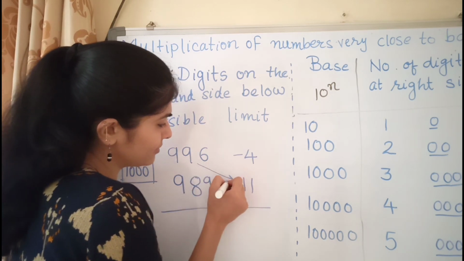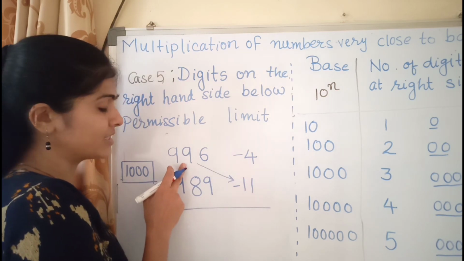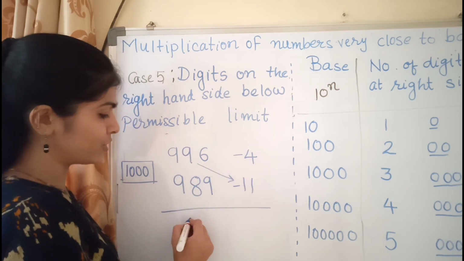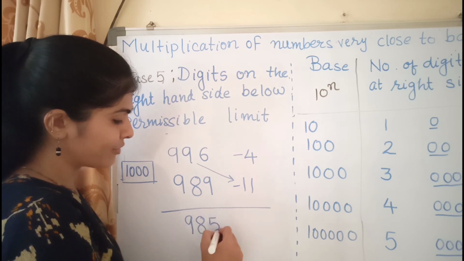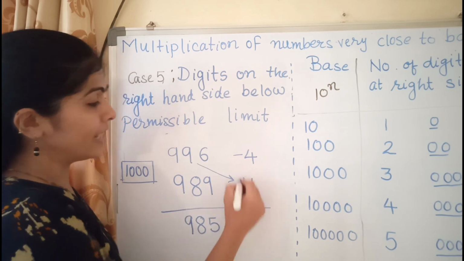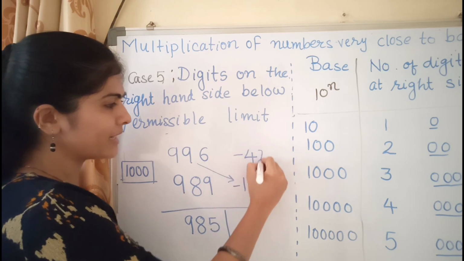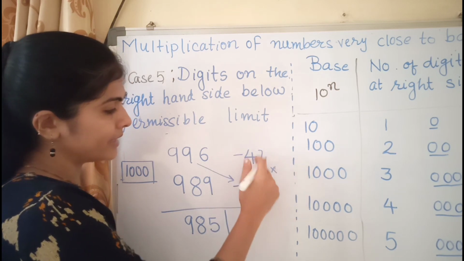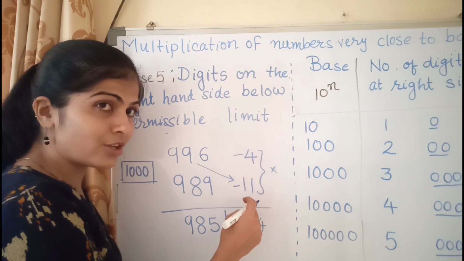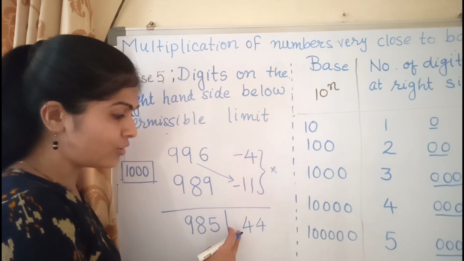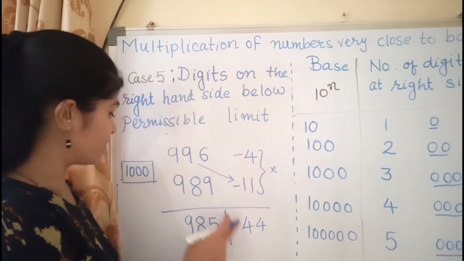Now, if I do this operation, one is positive, another one is negative. So, I should do subtraction. So, this will become 985 on the left hand side, and on the right hand side, if I do multiplication of both the numbers, then 11 times 4 is 44. As both the numbers are negative will become positive. So answer is plus 44.